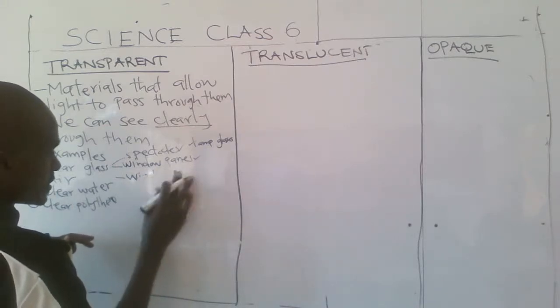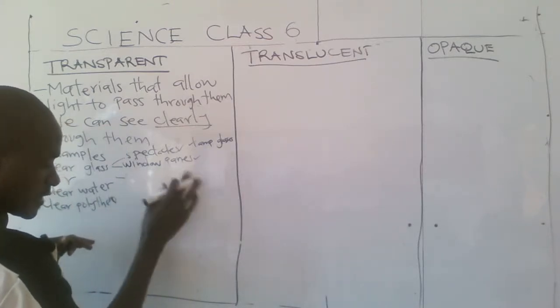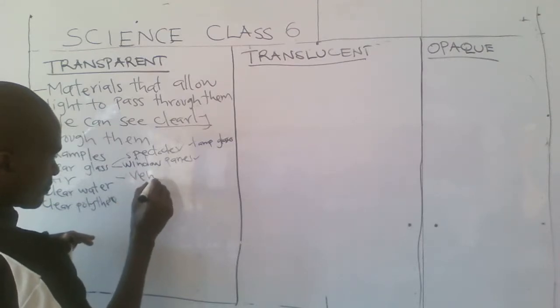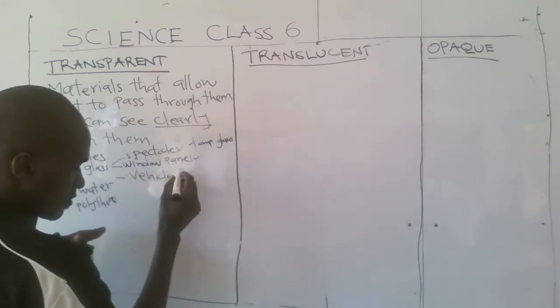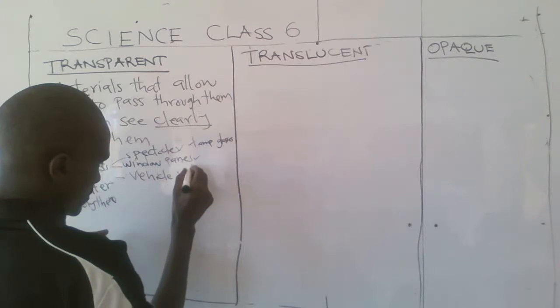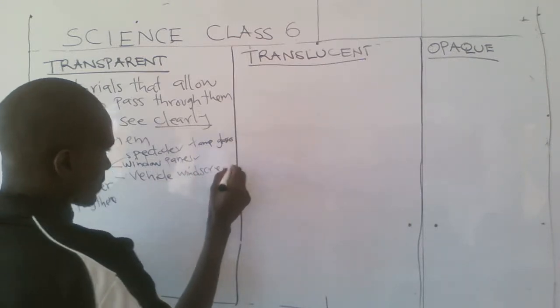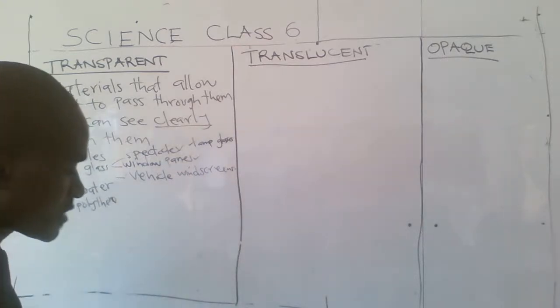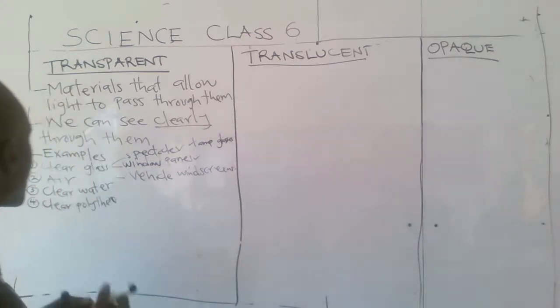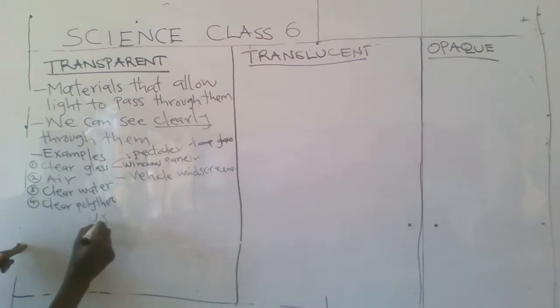Not window panes, but motor vehicle panes, vehicle windscreens, which we call windscreens. We can use transparent materials to make these. Now these are the uses.